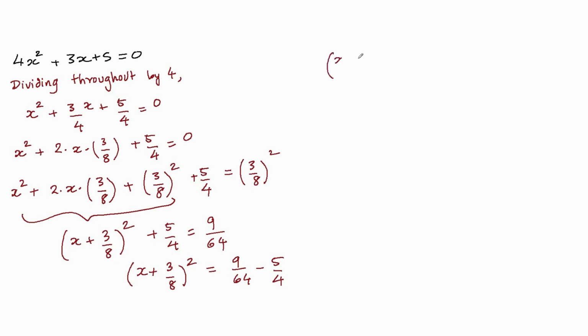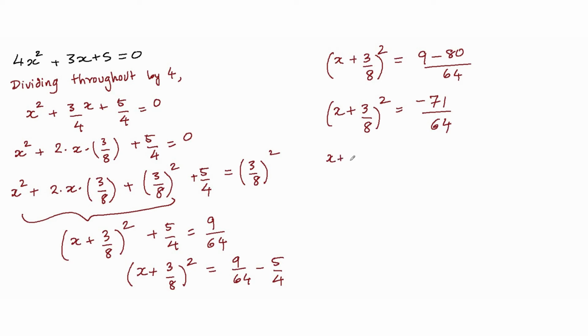This means (x plus 3 by 8) the whole square is equal to 9 minus, I need to multiply this by 16, so 5 16s are 80, upon 64. That means (x plus 3 by 8) the whole square is equal to negative 71 by 64.